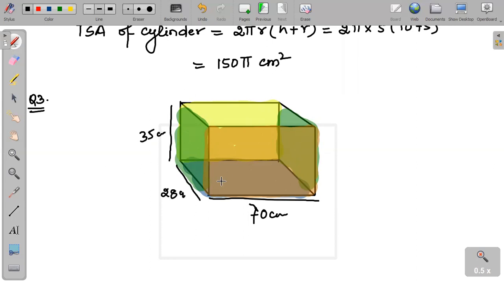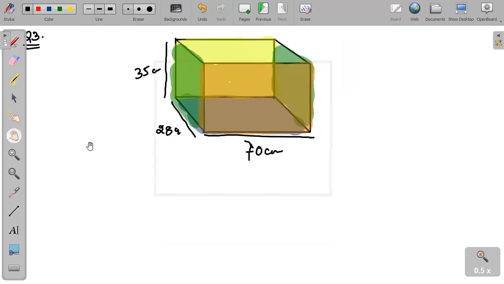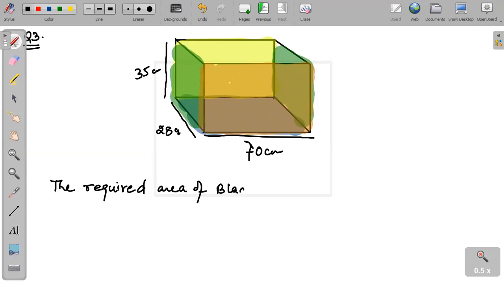Top face जो है that is not covered, and therefore the required area of black paper is equal to 2 length into height plus base into height and plus 1 L into B, that is base.